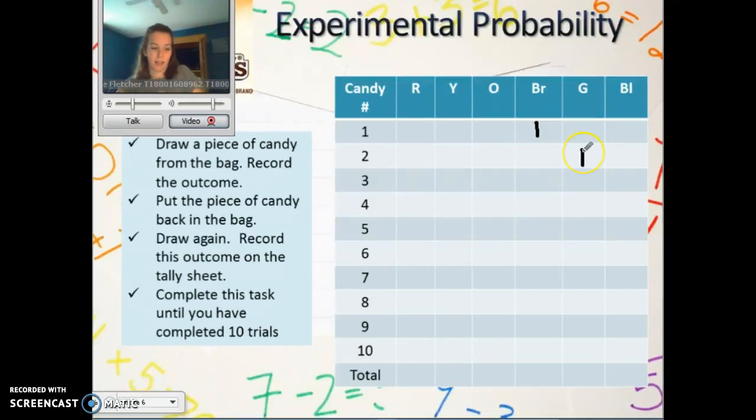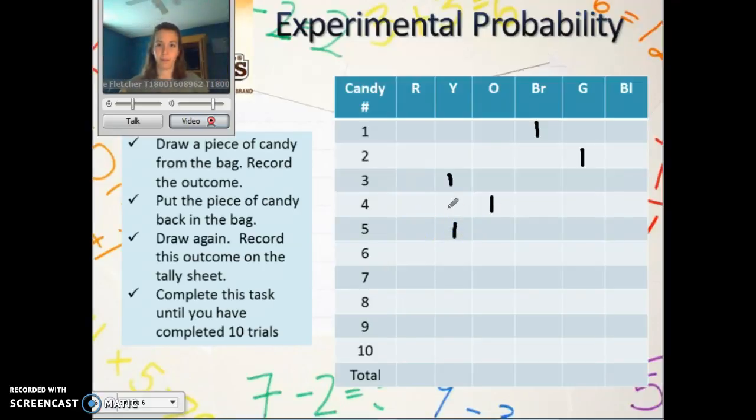Our next one is yellow. So let's put a tally under yellow and put my M&M back. Trial number 4, orange. All right, trial number 5, yellow.